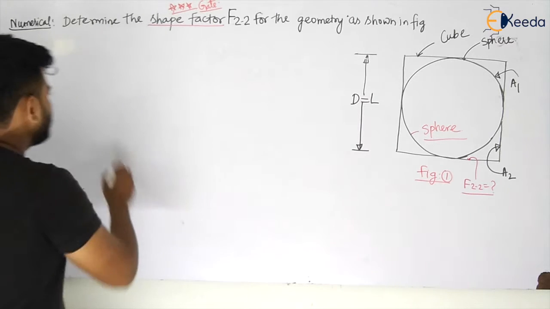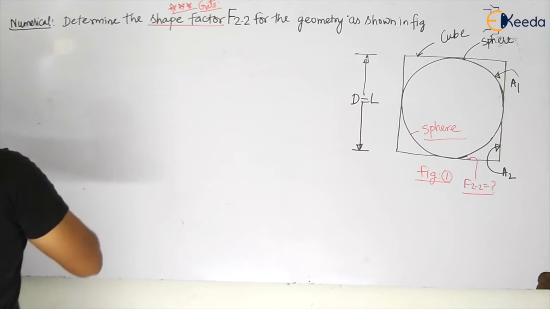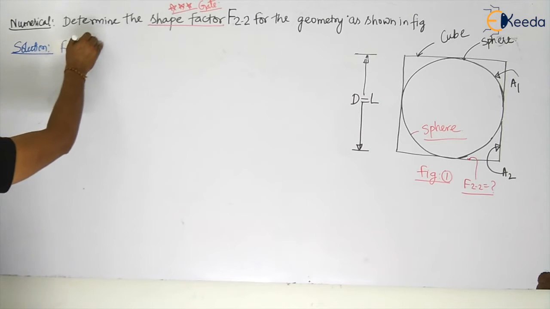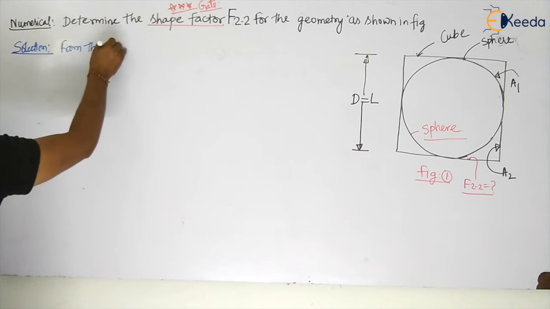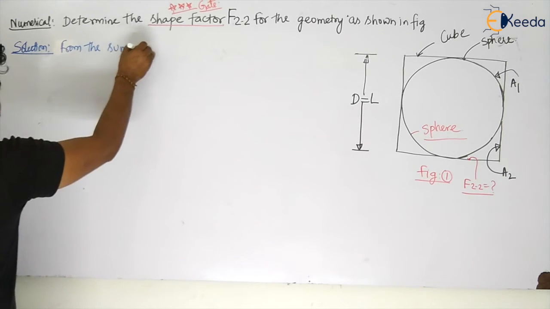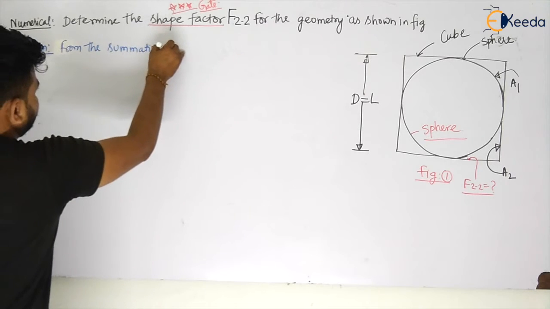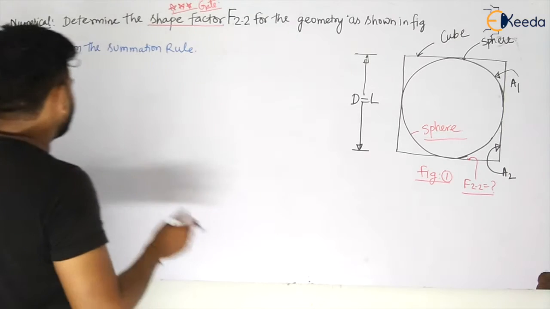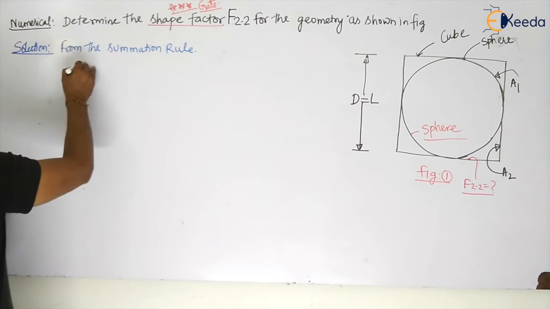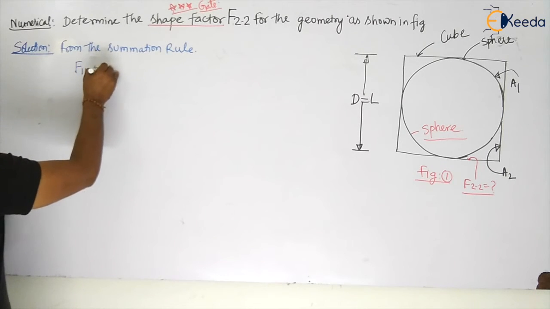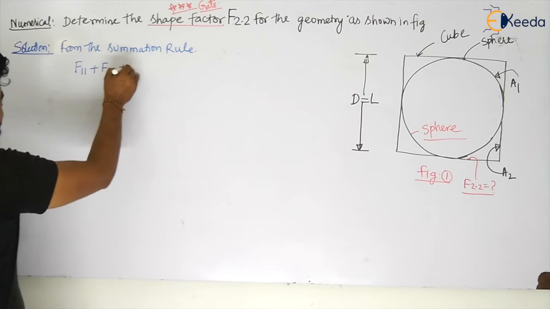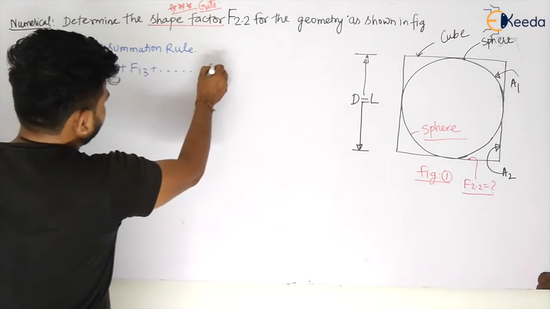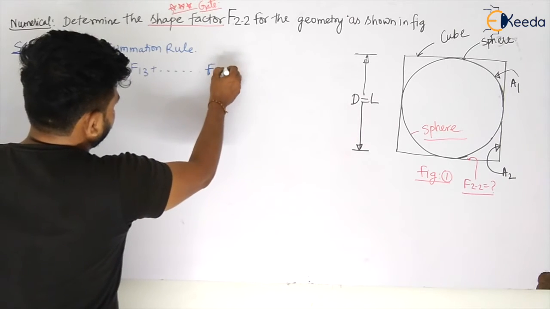Firstly, let us see from the summation rule. What was your summation rule, my dear students? It was F11 plus F12 plus F13 and so on up to F1n, equal to 1.